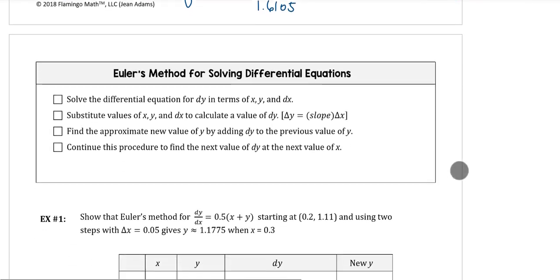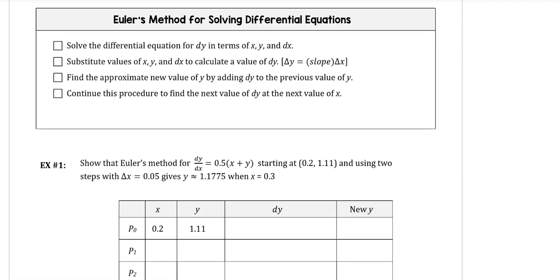All right, next. How do you go about doing this? So here is the method for solving a differential equation. So you solve the differential equation for dy. So you want all the x's, the y's, everything on the other side of the equation. Then you substitute in those to calculate your dy. So you're looking for your slope, really.